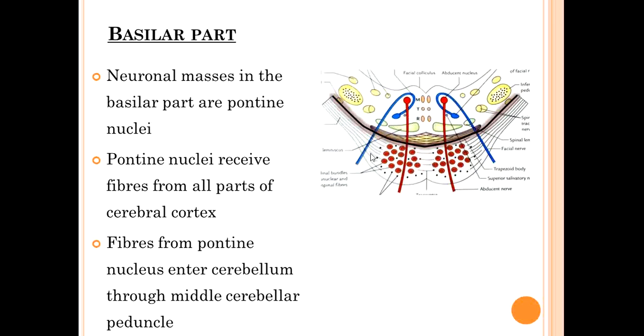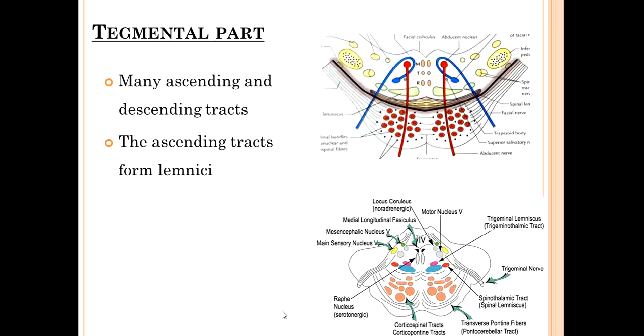In the basilar part, you can see these rectangular structures. These are pontine nuclei. These pontine nuclei will be receiving fibers from all parts of cerebral cortex, and from this the fibers will be reaching into the cerebellum via middle cerebellar peduncle. Then this is tegmental part.